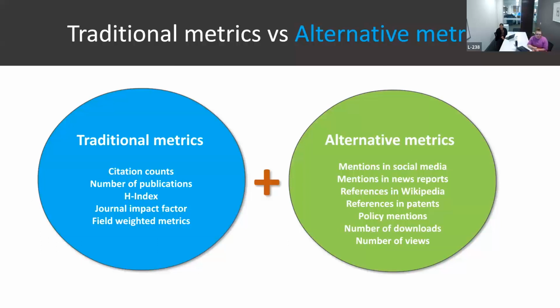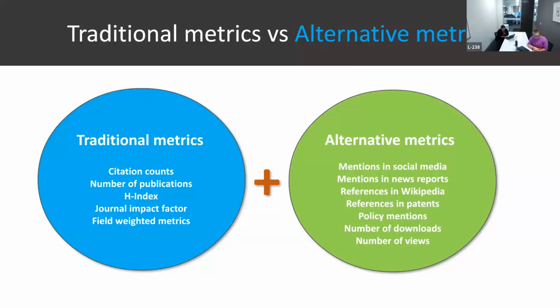So traditional metrics involve citation counts and publication numbers. We've got some examples there, related to your H index, journal impact factor, field-weighted metrics, number of publications and citation counts.